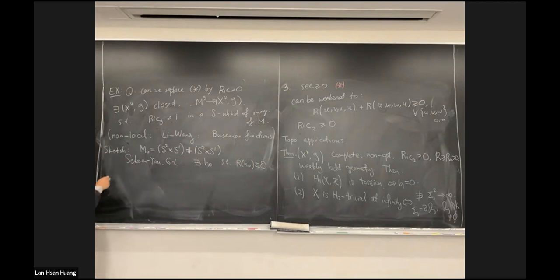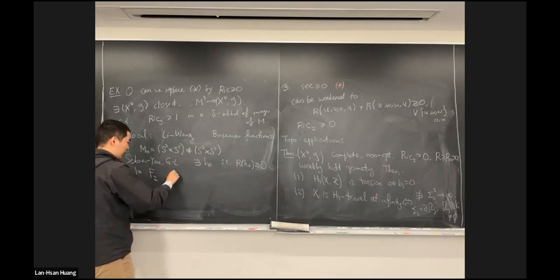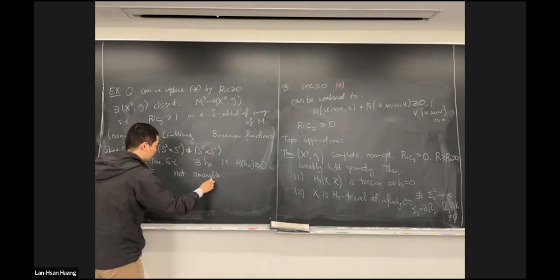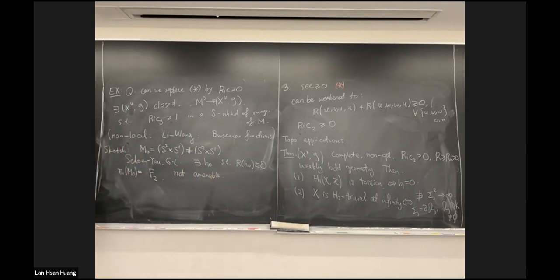The observation is that the fundamental group pi1 of this manifold: the manifold deformation retracts to S1 wedge S1, a figure eight. So pi1 of M0 is the free group on 2 generators. So this group is not amenable, whatever that means.